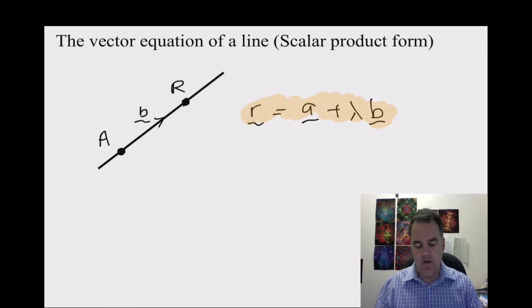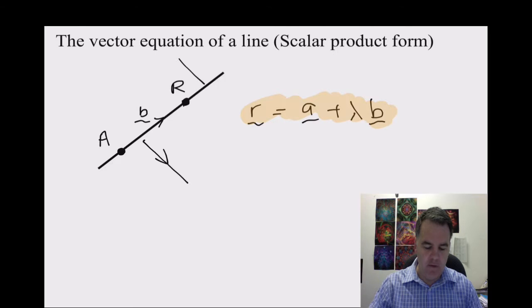Now what we want to do is look at a different way of looking at the equation of a line. This way uses the dot product, or the scalar product. Now for any line that we've got here, a vector that is normal to the line, or perpendicular to the line, will always be in the same direction, won't it?